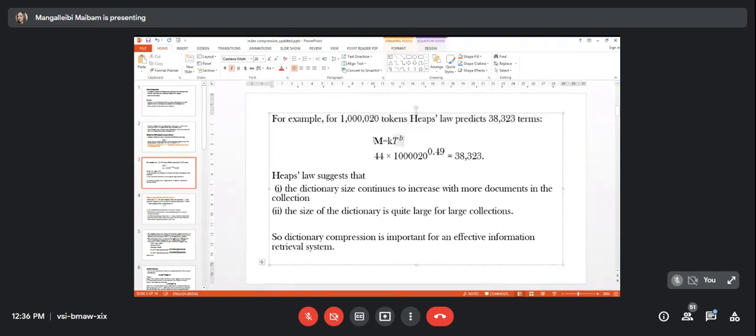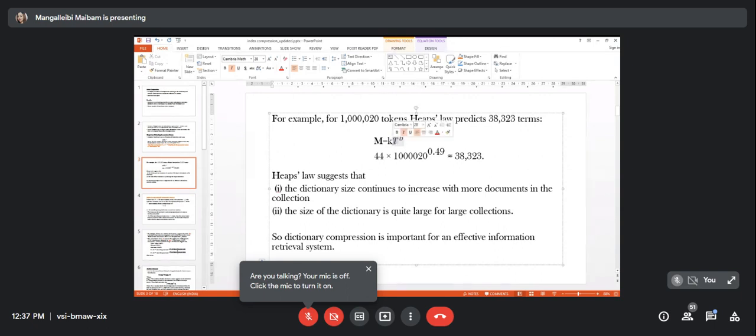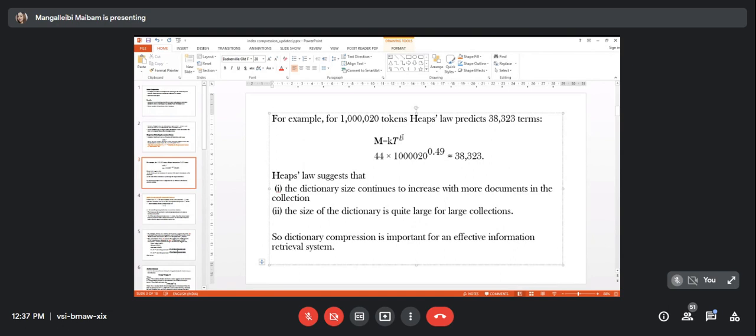By using the formula M equal to, where M is the vocabulary size, M equals K T to the power b. K and b we already know, they are the typical parameter values. K ranges from 30 to 100, but the fittest value is 44. So we are using 44 here, and for b we are using 0.49.